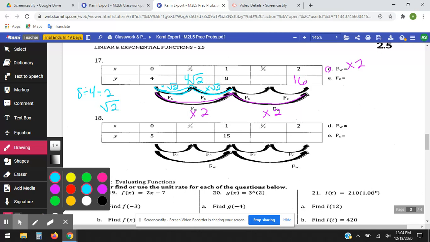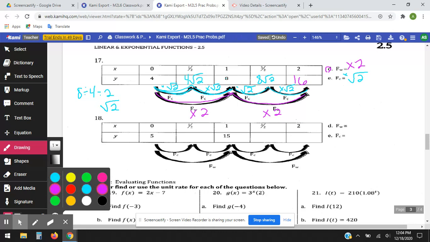The 2's cancel, the square roots cancel out. 4 times 2 is 8. Times square root of 2 is 8 square root of 2 times square root of 2. Square roots cancel out. 8 times 2 is 16. So over here, I'm multiplying by the square root of 2.